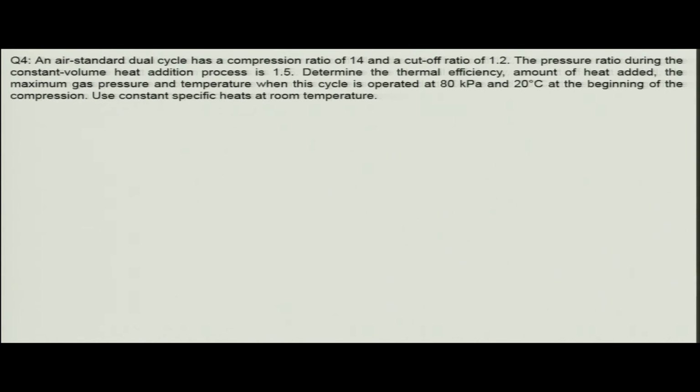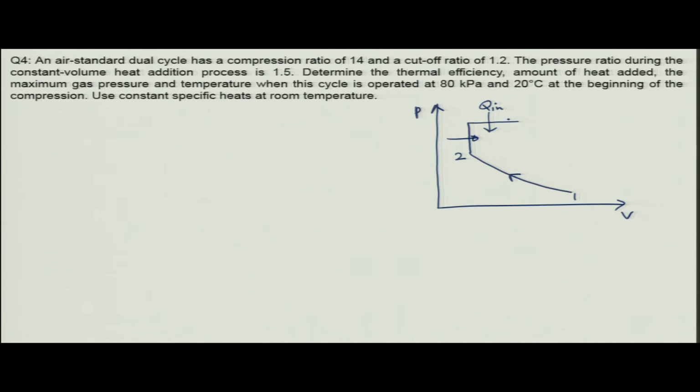If you look at a dual cycle in the PV diagram, it will look somewhat like this. There will be an isentropic compression process, 1 to 2, then a constant volume heat addition, and then a constant pressure heat addition. This together is the heat addition process, so this is the Q in.